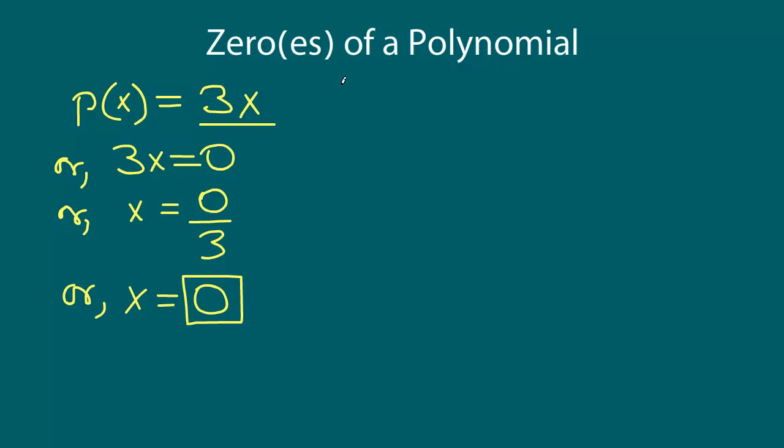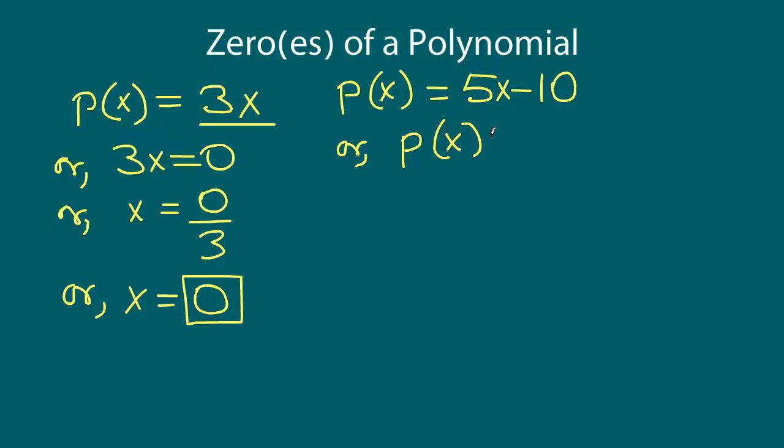Now let's take a look at another polynomial. For example, p(x) equals, let's say, 5x minus 10. How do we find the zero of this polynomial? Well, we will quite simply equate our polynomial to 0 and solve. So we will have 5x minus 10 equals 0.